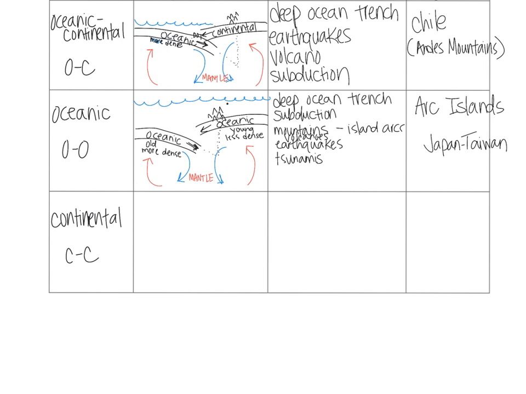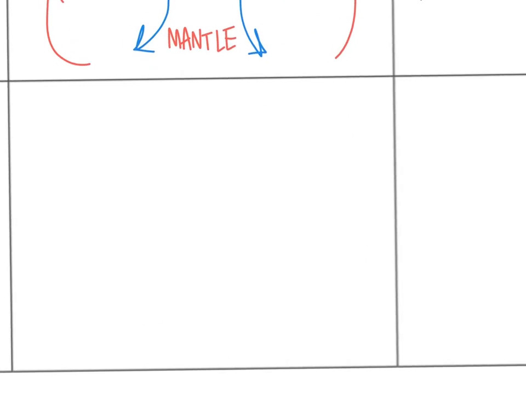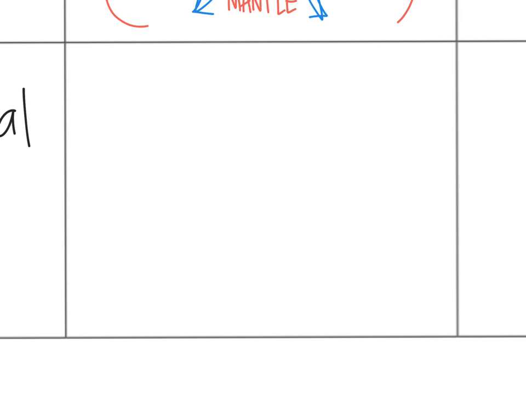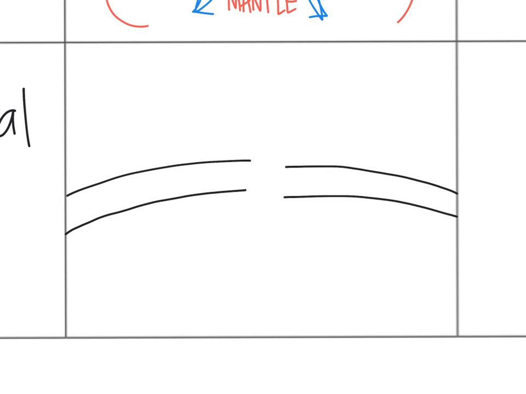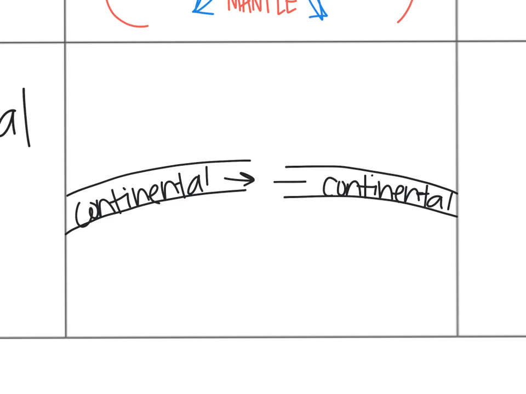All right, and the last one down here is continental. So if we have two continental plates coming towards each other, what do you think is going to happen? They're moving towards each other. There's nowhere for that stuff to go. We're going to get some mountains here.